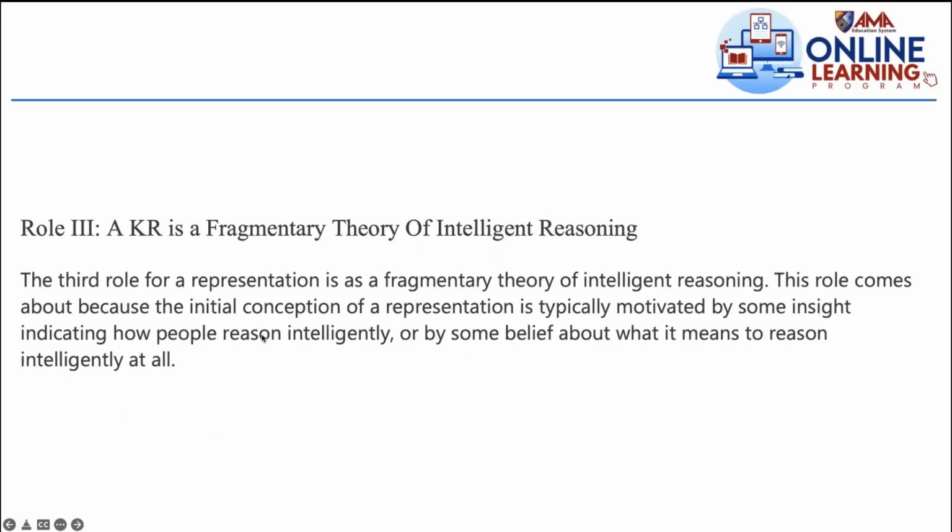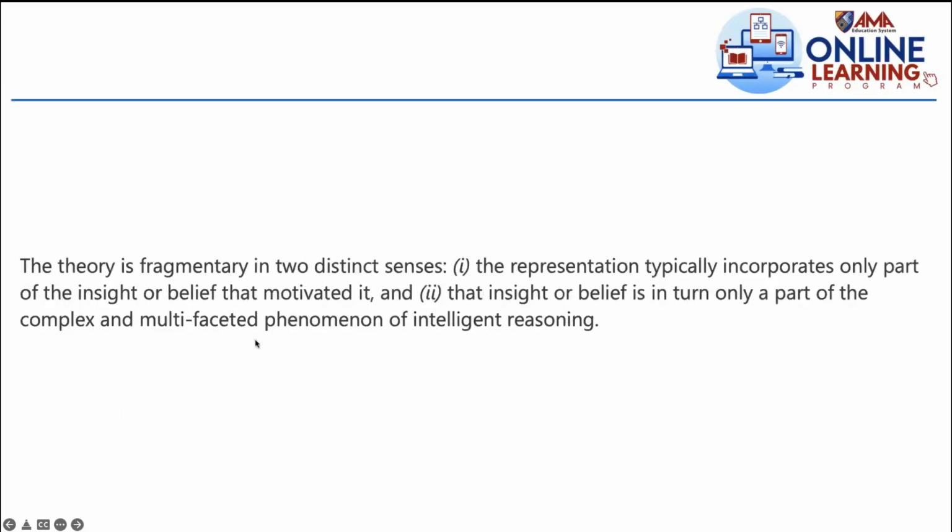That's the idea here, class. We're running out of time, so I think I have to skip some details. But the theory is fragmentary in two distinct senses. The representation typically incorporates only part of that insight. That's why it's fragmentary, because only part of the insight or belief motivated it. That insight or belief is in turn only part of the complex, multifaceted phenomenon of intelligent reasoning. So again, you see here the focusing and blurring effect.